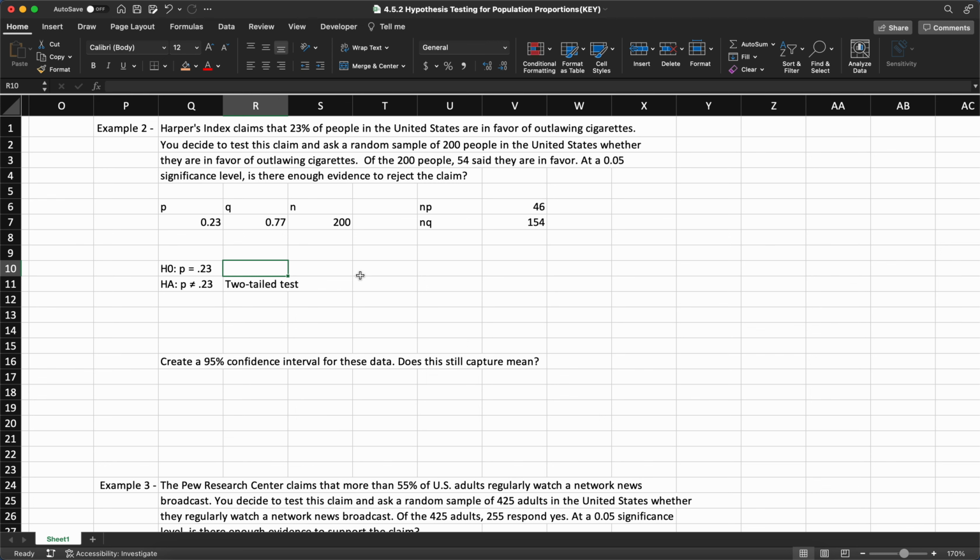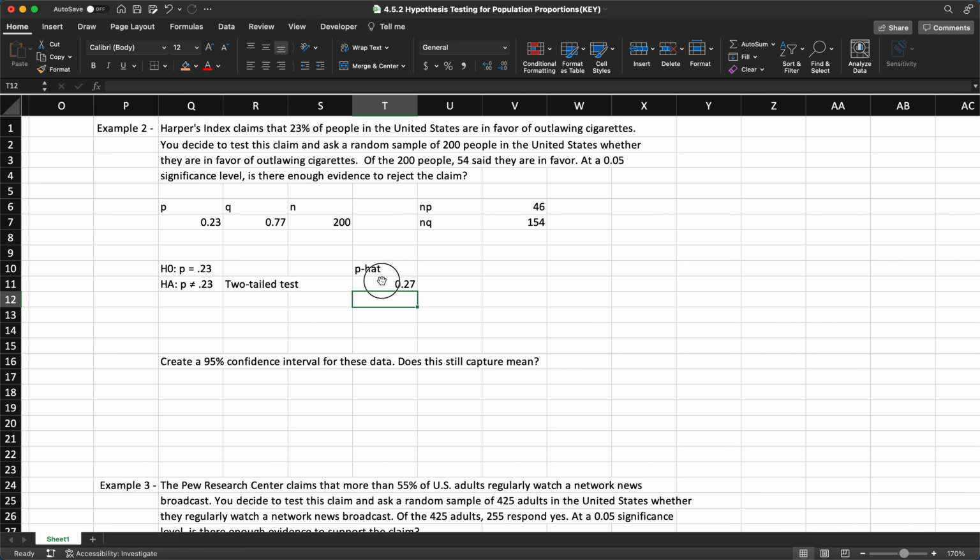So now I have to go about finding the p-value, okay? We already know what P is. P is 0.23. The p-value is the probability that we would get a proportion of people in this sample that is different from the original claim. We're trying to find the probability that p hat, 54 out of 200, is 0.27.